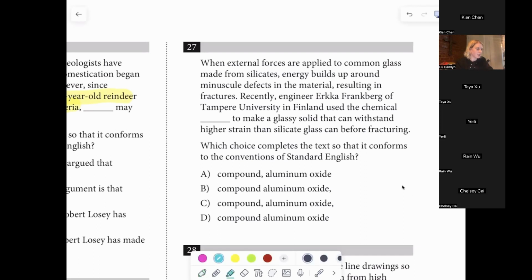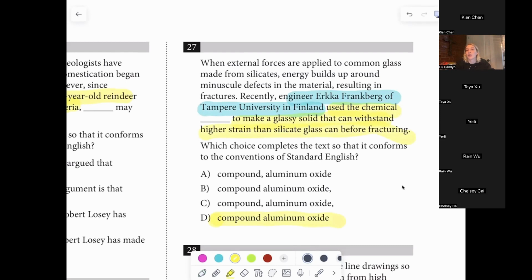Here we have our subject, engineer Erkka Frankberg of Tampere University in Finland. And then it's that they used the chemical compound aluminium oxide to make a glassy solid that can withstand higher strains. It's all part of the predicate. We don't need to separate it out. There's no extra clauses. The thing that they were using was the chemical compound aluminium oxide, in order to do this. So we really don't need any punctuation here.